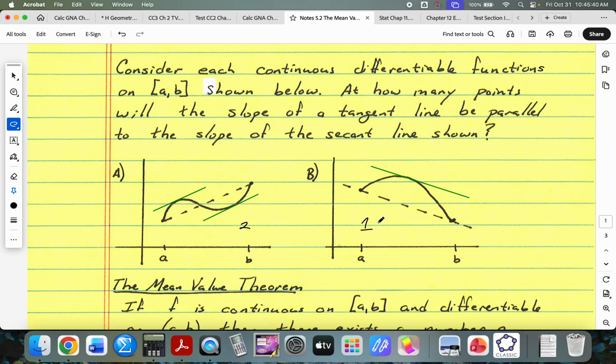Now, as long as I have a continuous differentiable function, is there any way to connect these two points so that I don't get any tangent lines like that?